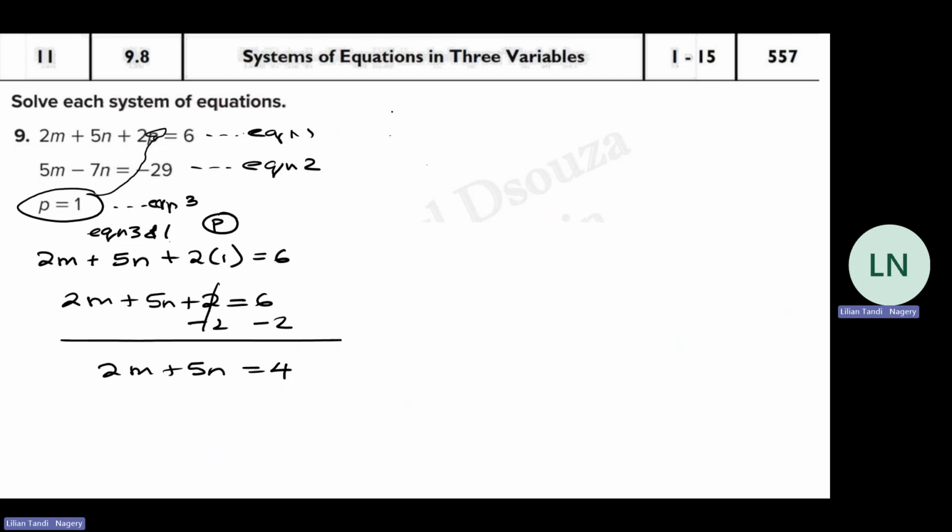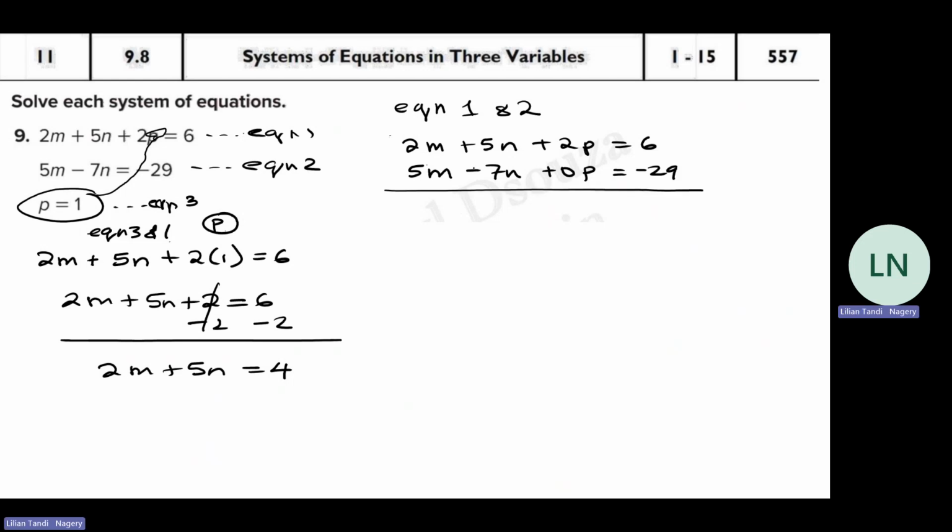Yes, you see, I missed my steps. Equation 1 and 2. Okay. 2m plus 5n plus 2p equals 6. 5m minus 7n plus 0p equals negative 29.